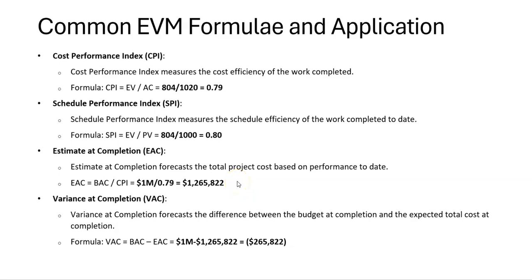So that's not good because our budget's only $1 million, and with a 79% efficiency, we would potentially run $1.265 million on a $1 million budget.